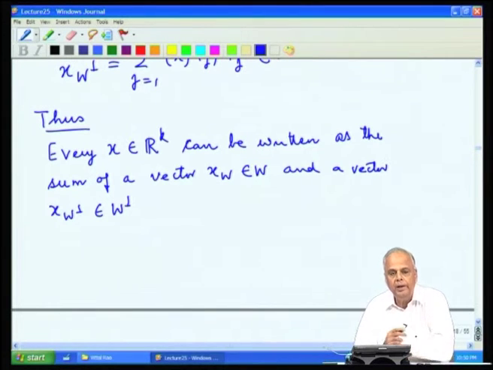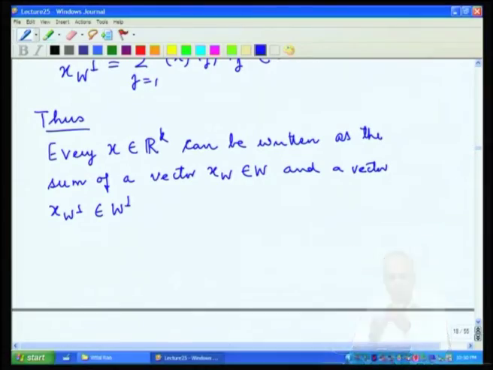Now, this shows that we can decompose it into two parts. Any vector can be decomposed into two parts, one in W and the other one in W perp.